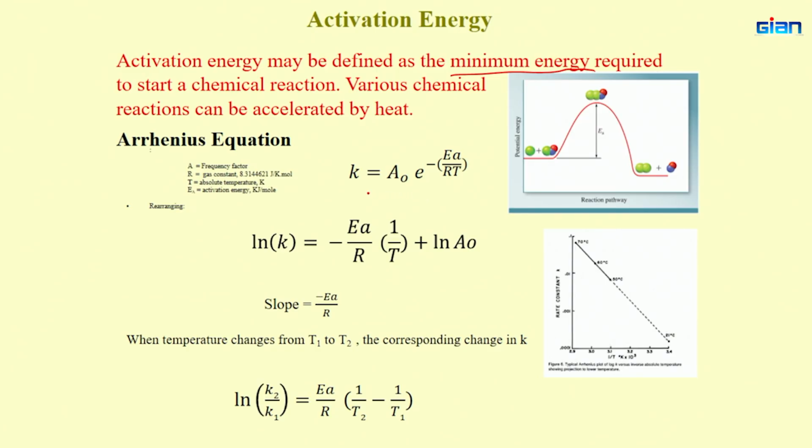The reaction constant K is related to activation energy EA, R, which is the universal gas constant, temperature T, and a constant A0. You can simplify this with a logarithmic graph and get the slope EA over R. That gives you how different reactions are affected by activation energy.